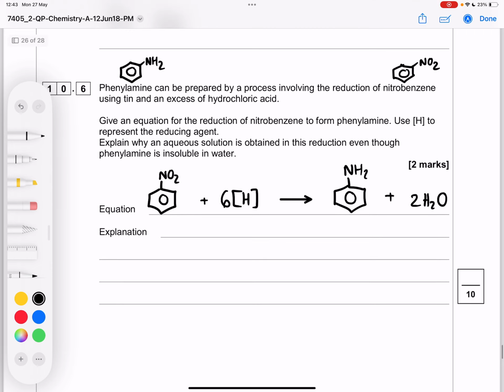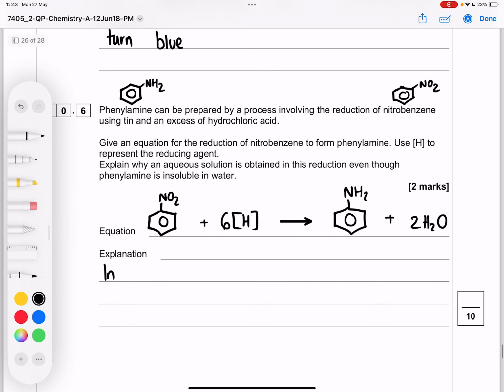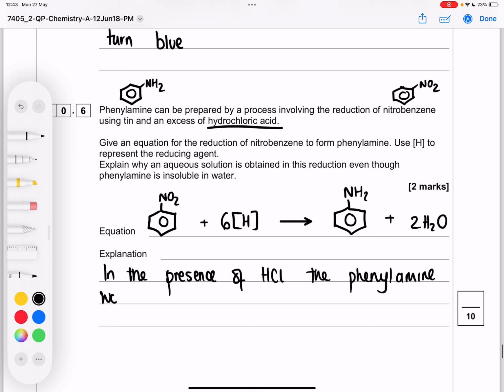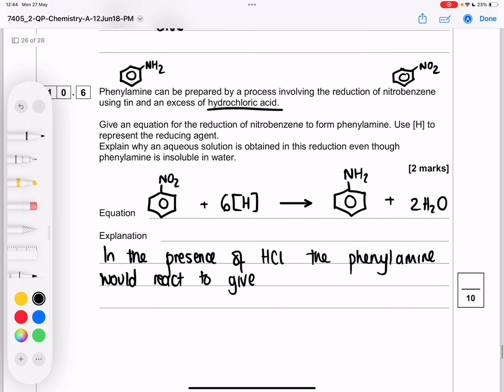Explain why an aqueous solution is obtained in this reduction even though phenylamine is insoluble in water. Well, the point of this is that in the presence of HCl, the phenylamine would react to give the phenylammonium salt.